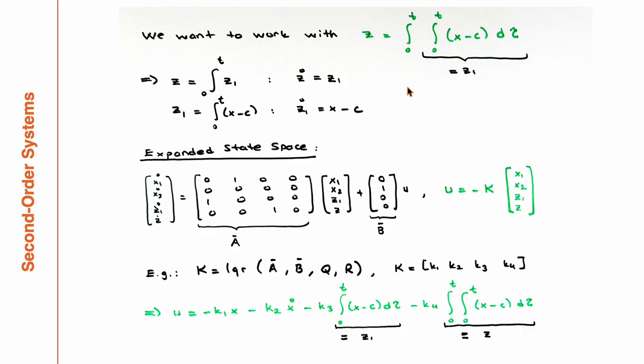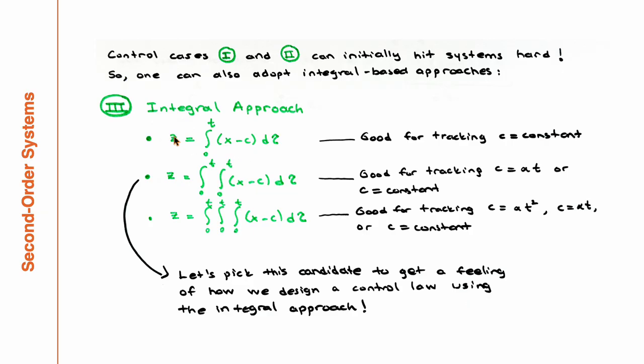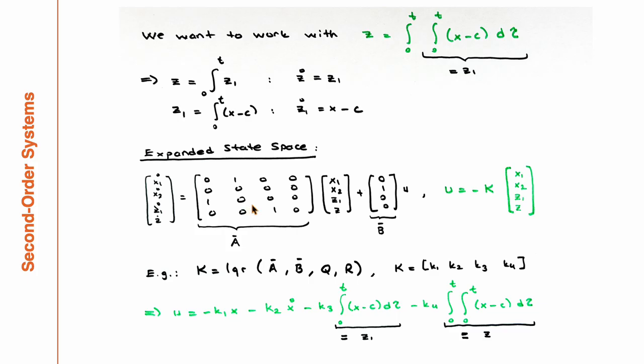But to make the long story short, if you add one integral, like in here, you don't need to define z1, z dot becomes x minus c. So you have x1 dot, x2 dot, and z dot. You have a third order system, but we are dealing with this fourth order system. If you dealt with three integrals, you would deal with a fifth order system.